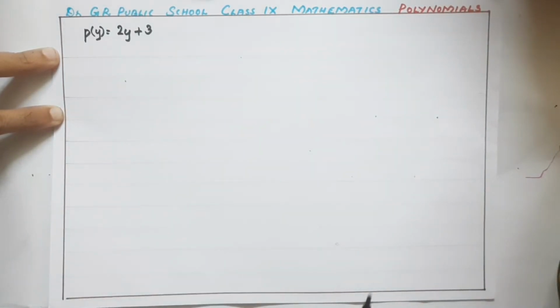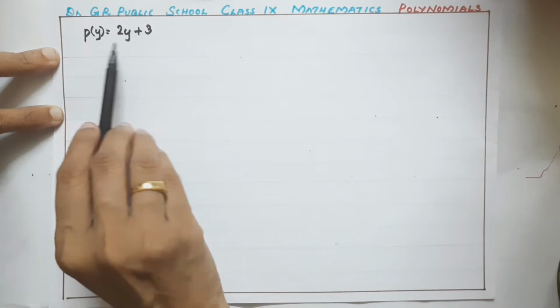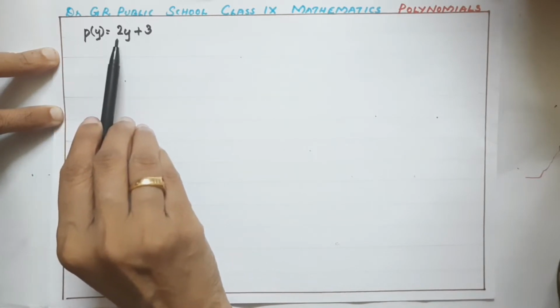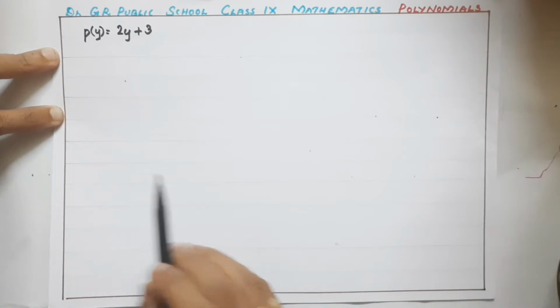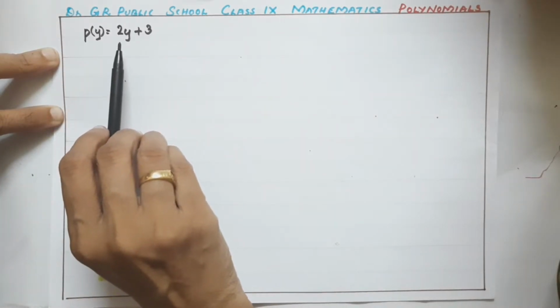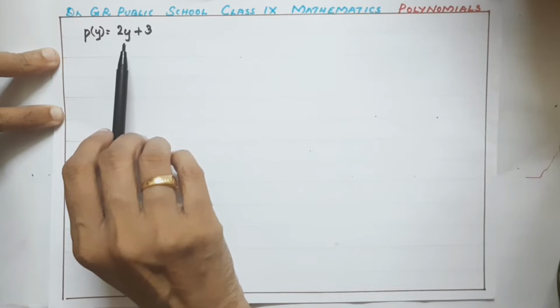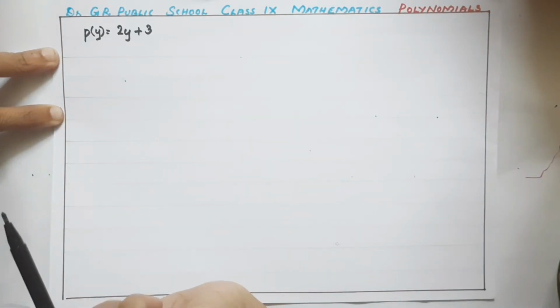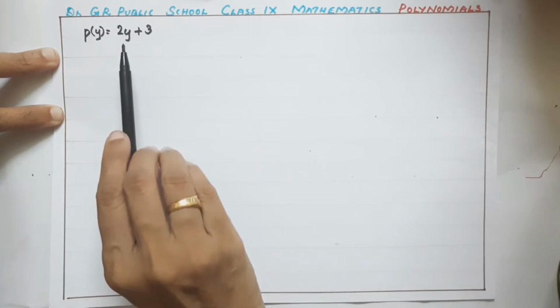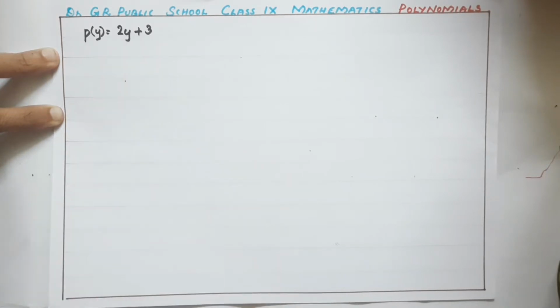P of y. So here we have the polynomial p(y) is equal to 2y plus 3. Okay children? And here we can give any value for the variable y. Any real number can be substituted for this y here.